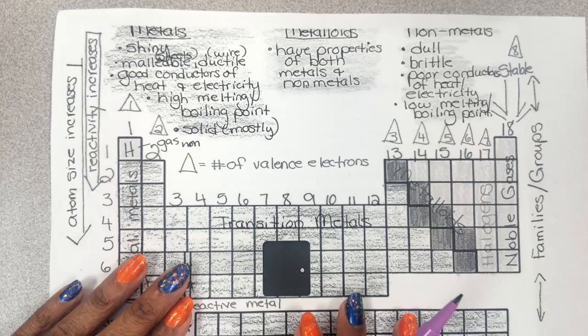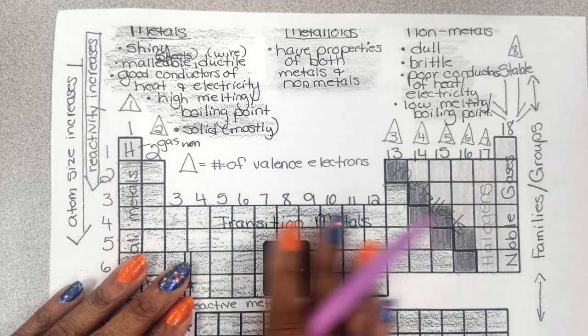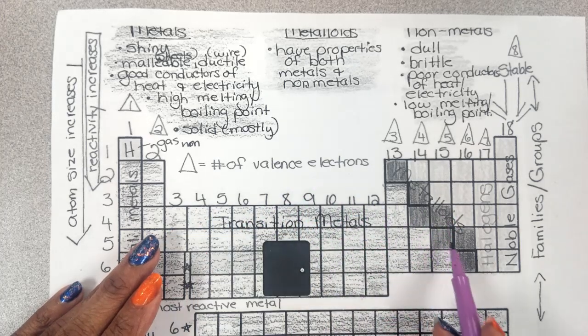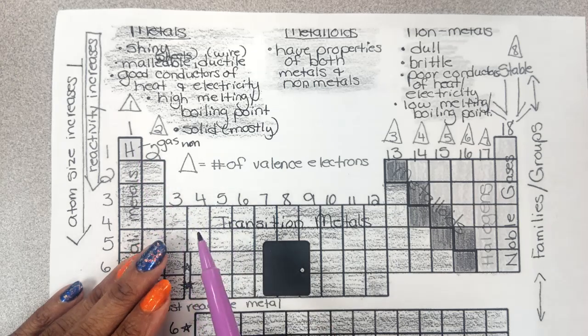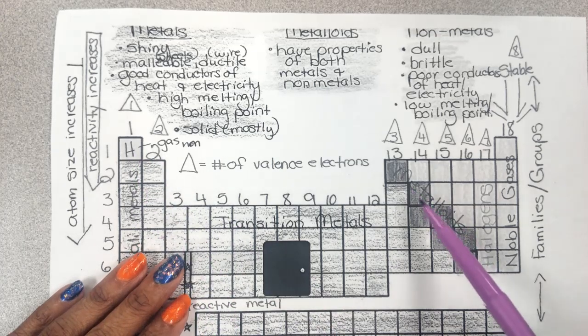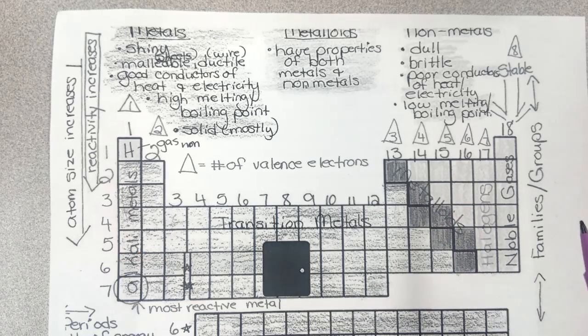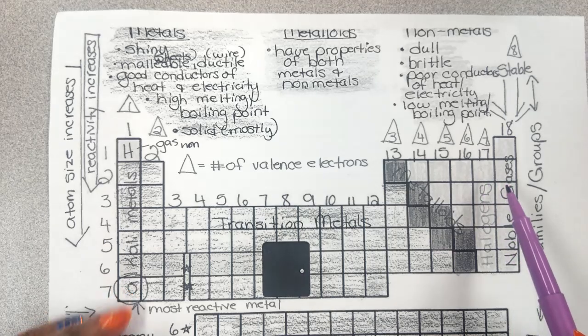There are metals, which is everything to the left of the staircase, with the exception of hydrogen. Hydrogen is a gas. Then you have your metalloids, which are anything touching the staircase, with the exception of aluminum here. And then everything on the right of the periodic table is a nonmetal.